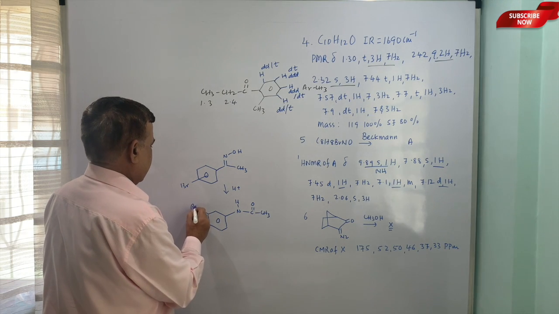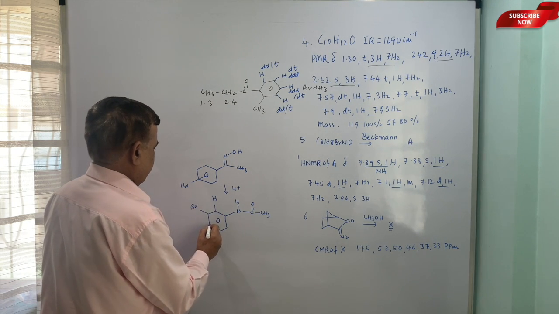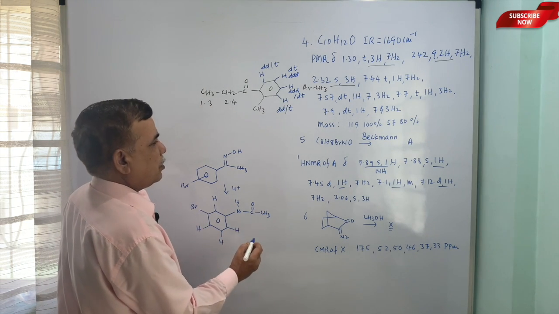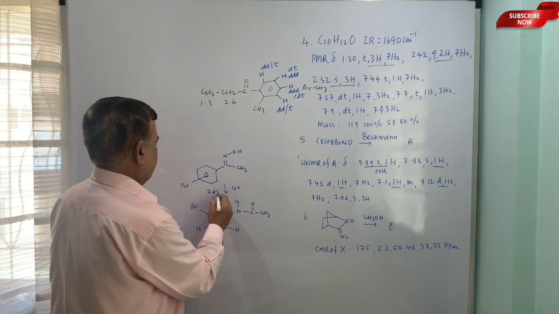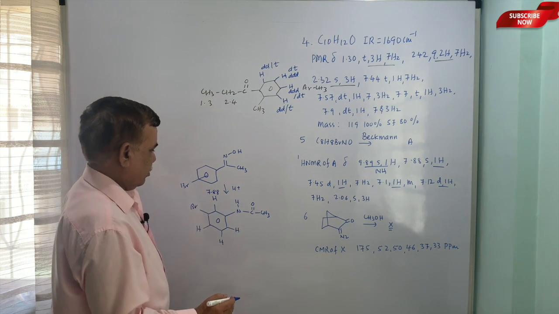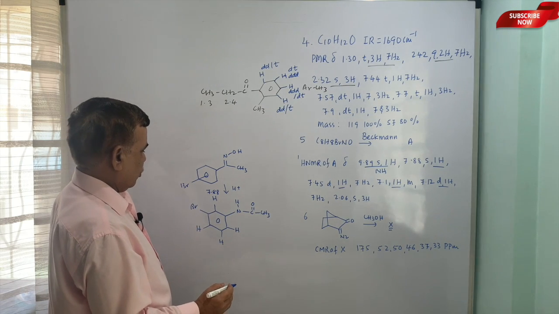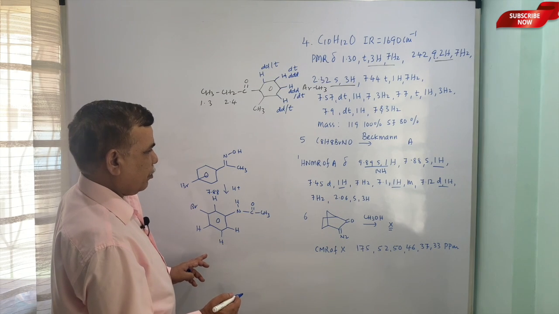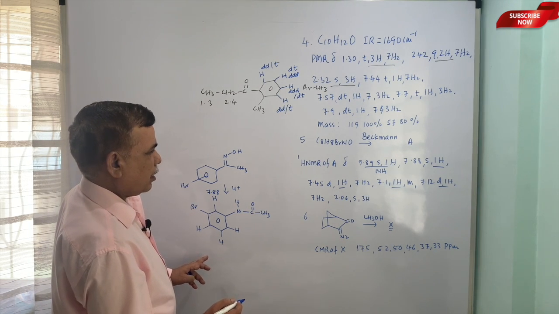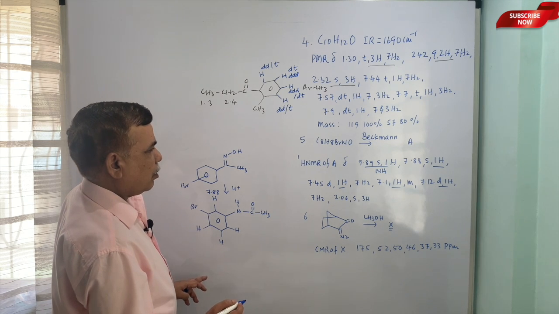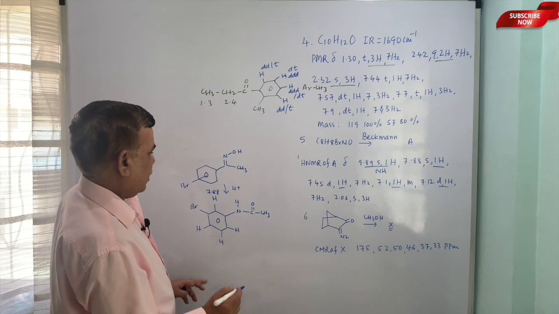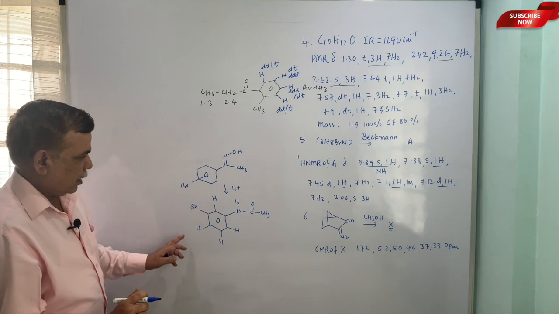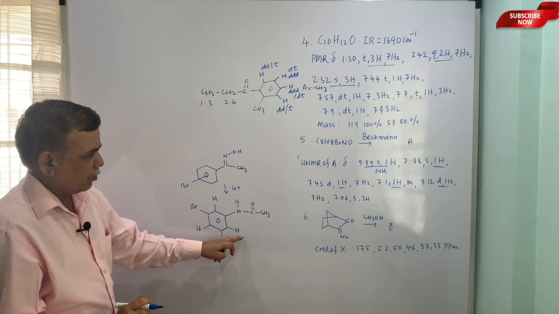So, let me put Br here. So, Br is maybe hindering the proton. So, 7.88 is this one, which is ortho to NH and ortho to Br also, and then maybe one more is there, 7 point multiplet, doublet, everything is there, but I will not put any number here. You can see that these are 4 aromatic hydrogens.